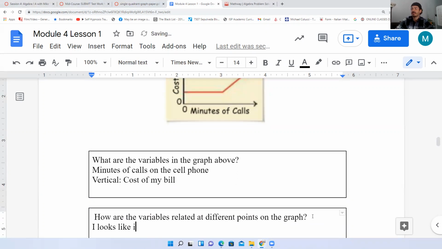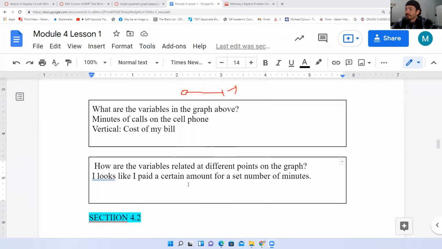I paid a certain amount for a set number of minutes, right? Because I bought into the plan here. It doesn't give me a number, so I don't know how much I paid, but it's not 0, it's more than 0. And that cost didn't change, right? So I just paid my $100, whatever it was. And then right here, all of a sudden it starts to go up, as my minutes of call move forward.